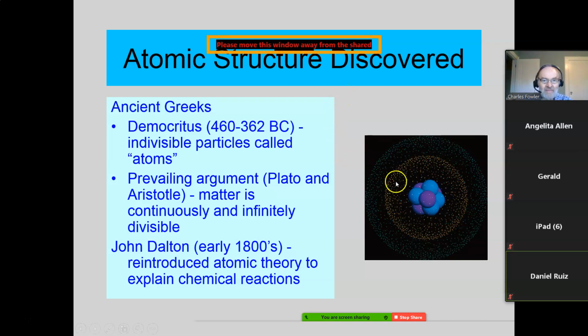Now, this shows a nucleus. Now, there's some problems with this in that this nucleus and the objects in the nucleus are way too big for what they're representing. Okay? Just about the entire mass of that atom is in that tiny little nucleus. It just looks like it's a bigger nucleus than it really is.